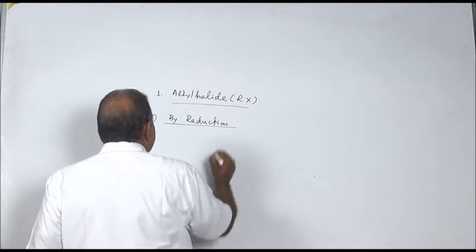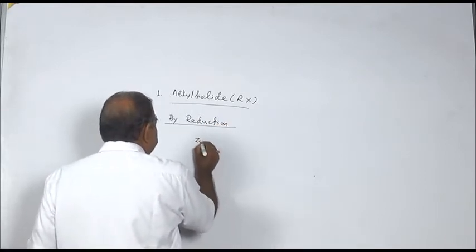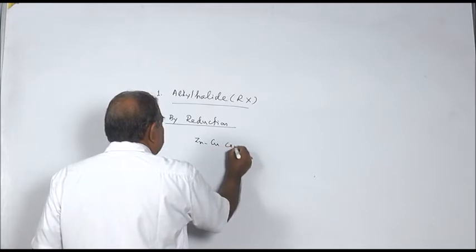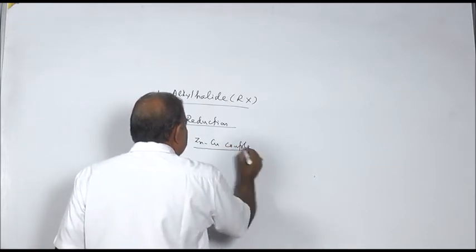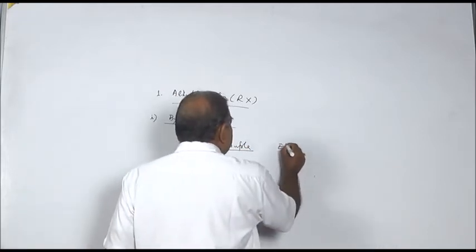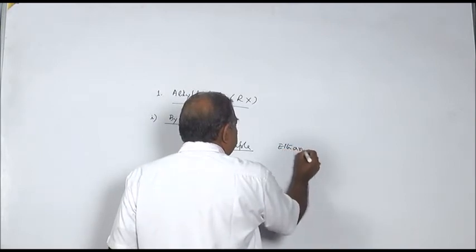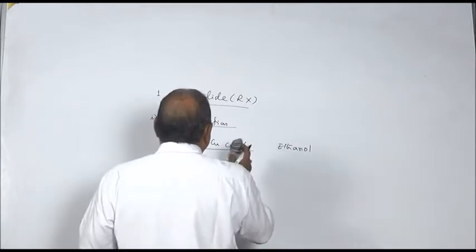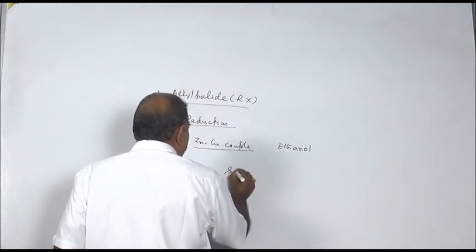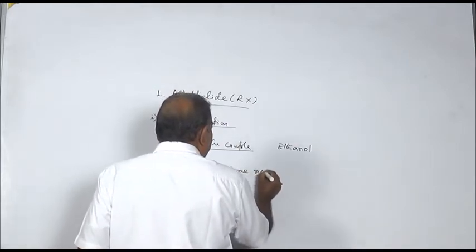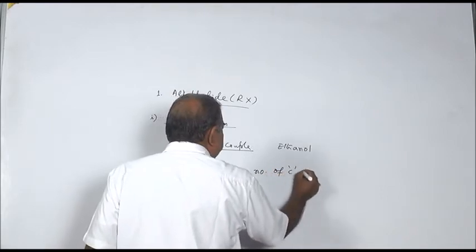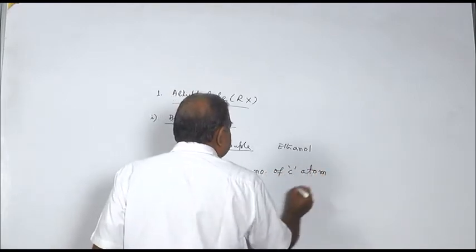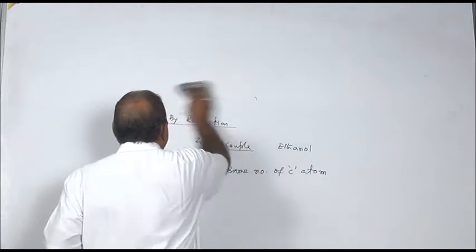When alkyl halide is reduced by zinc copper couple in presence of ethanol, we get alkane having the same number of carbon atoms as that of alkyl halide.